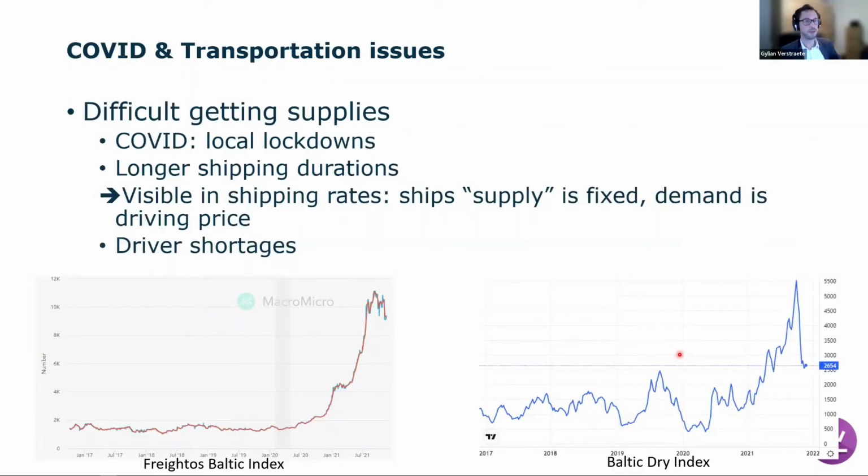Another factor impacting is still COVID and transportation issues. There's currently a lot of supply chain issues going on across the globe, which are in part due to COVID, in part due to other factors. There are still several lockdowns. For example, China is still striving for a zero COVID policy.